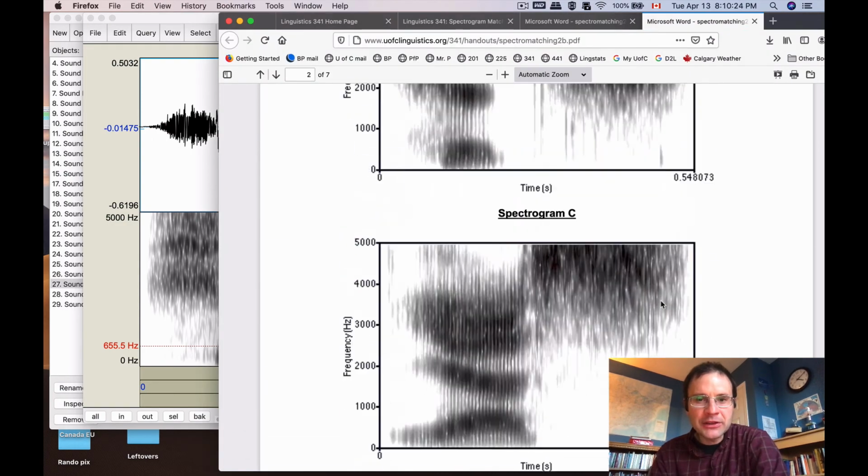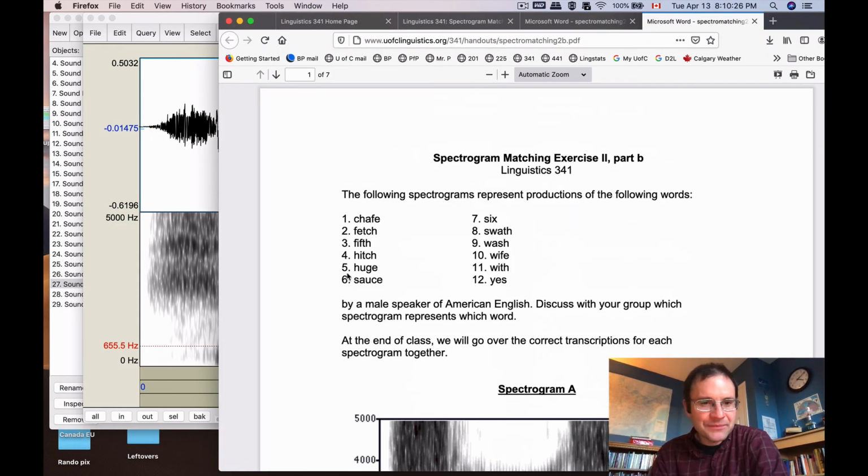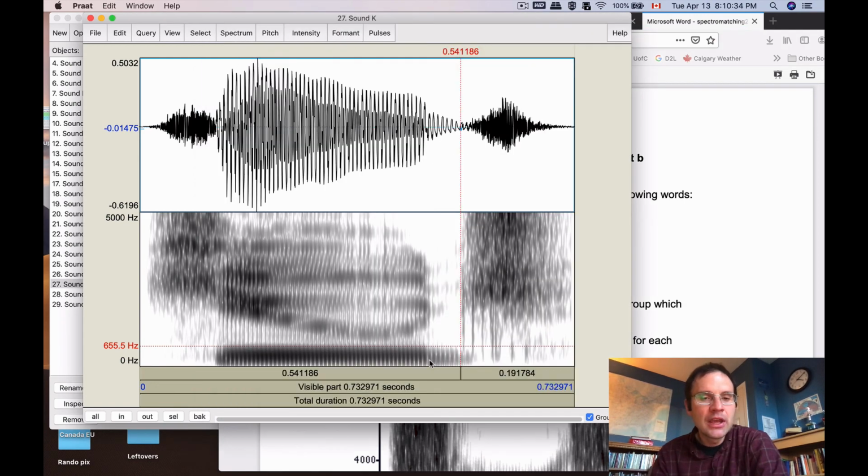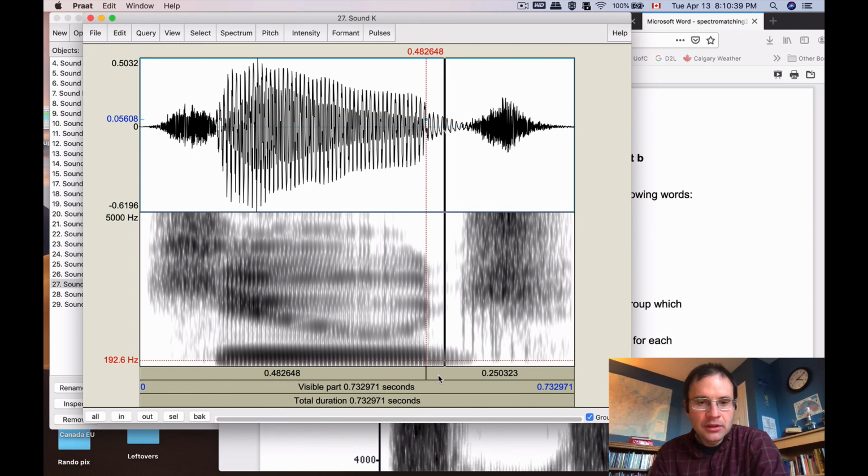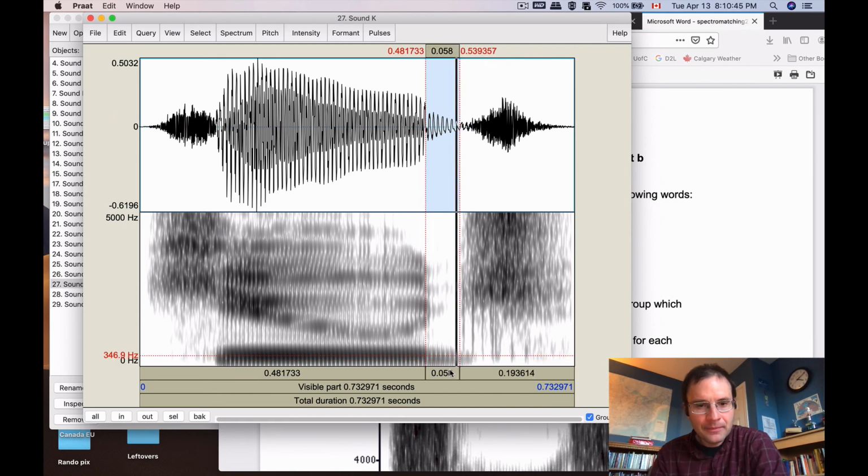But if we go back to our options, we do have this one option which helps us out. That one is the only one that ends in a stop-fricative combination that's at least nominally voiced. Maybe we can hear that j better if we play the stop too. And you can hear hopefully that low frequency part for the stop. That part, that's my j.